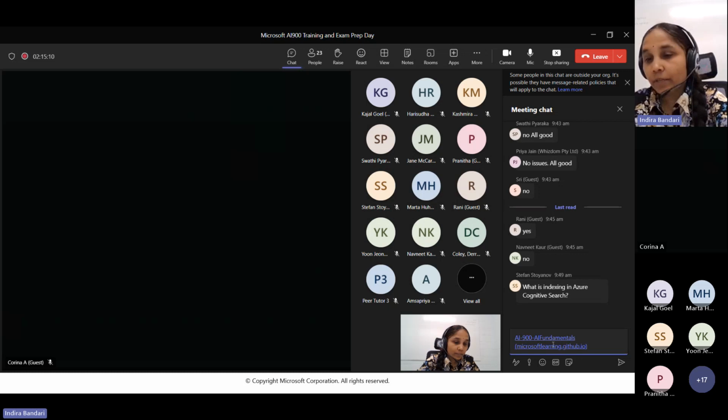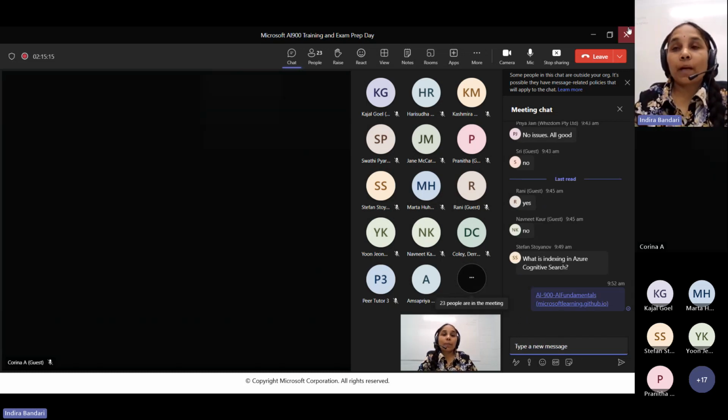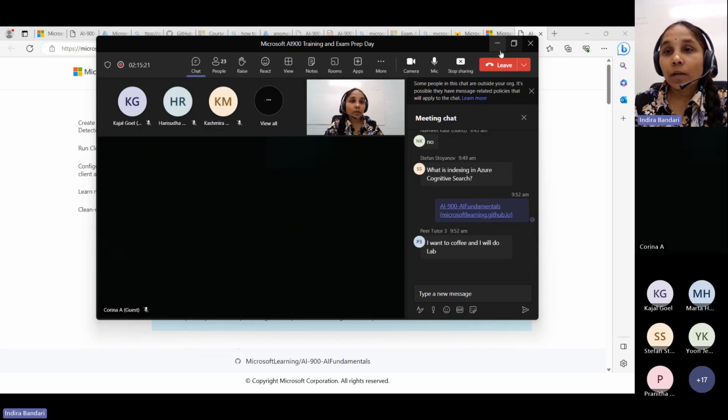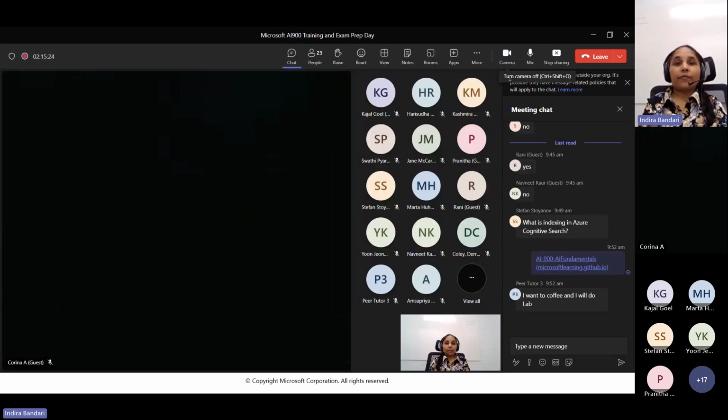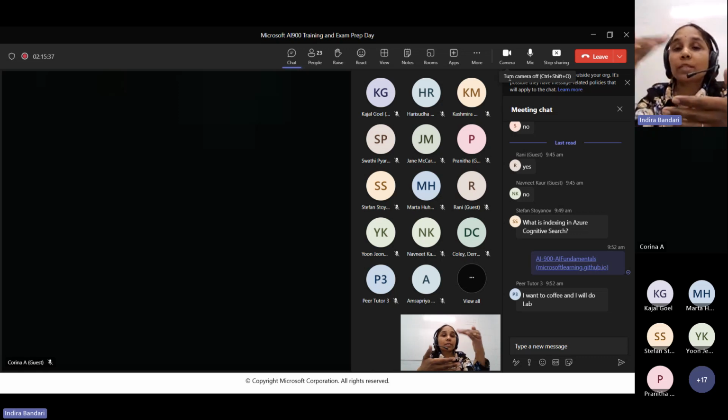Okay, what is indexing? Very good question, Stefan. Okay, so now I'll explain what indexing is. For example, I don't know whether you have used some databases or anything like that. When you have a lot of documents, for the search to occur, the documents need to be indexed.